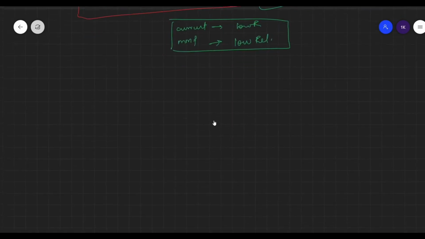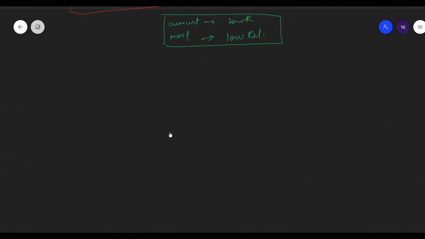In order to understand the whole electrical machines subject, whether it might be induction machine, which is nothing but the induction motor, or transformer, one must have a very good idea about this rule. That rule is nothing but the right hand curl rule.